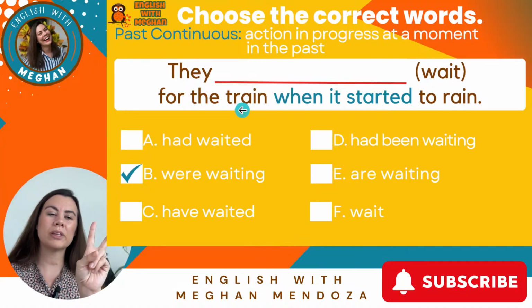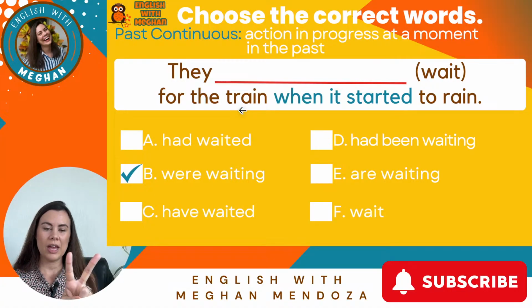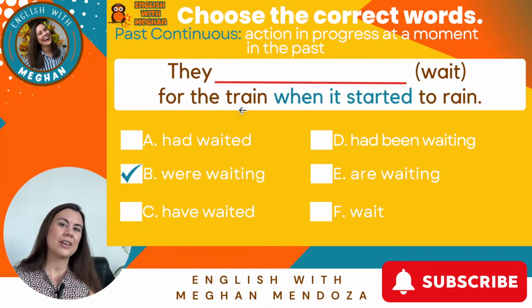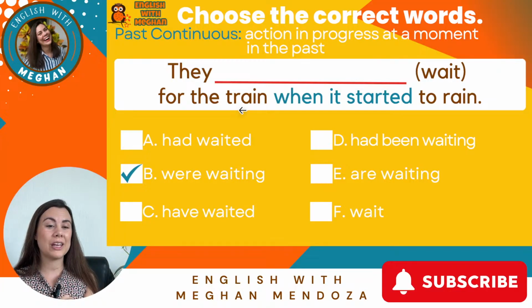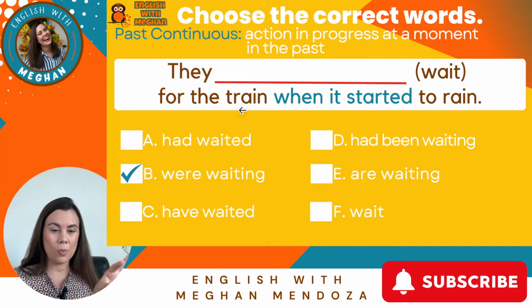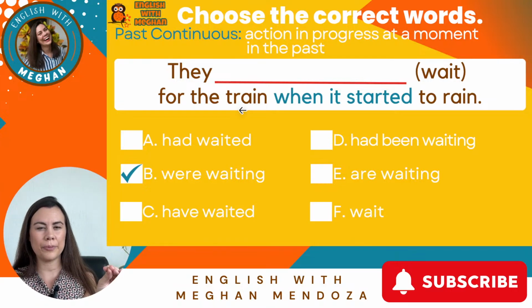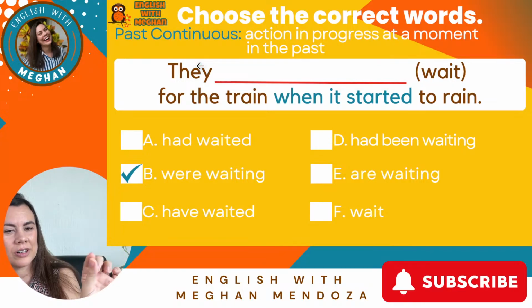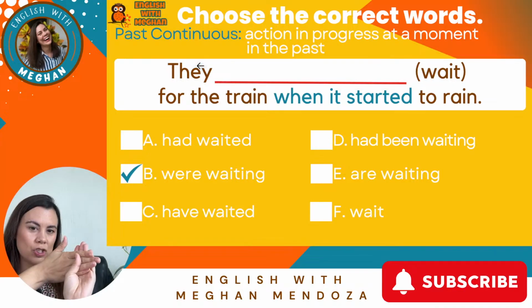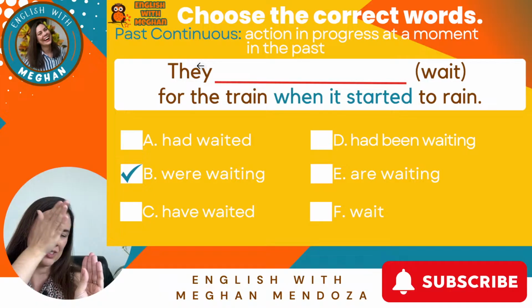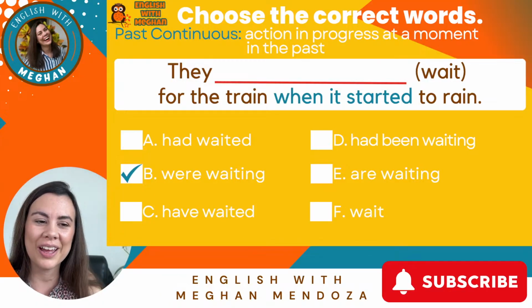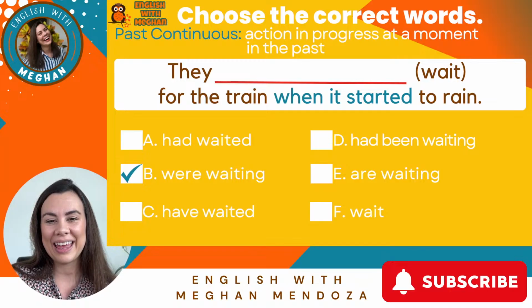All right, so normally when you have two things and one thing interrupts the other thing, that is where we get a combination of the past continuous, so was, were plus ing, and the past simple, right? They were waiting, that's the action in progress, and the thing that interrupts them is the rain. So we put that in past simple, but that's another lesson. Okay, all right, let's keep going.